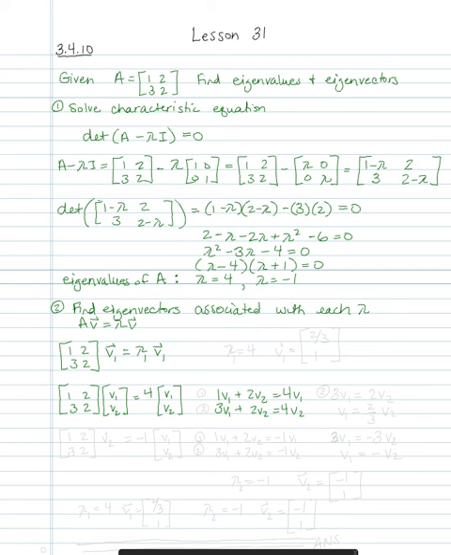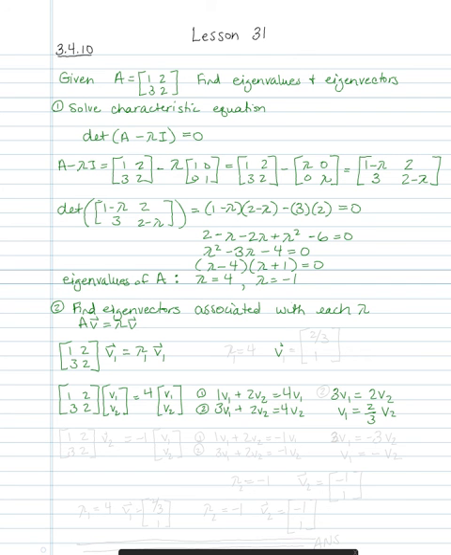Then we can rearrange and solve for v1. Using the second equation, if we use it to solve for v1, we get 3v1 equals 2v2, and v1 equals 2/3 v2.